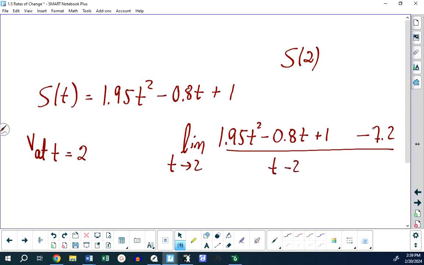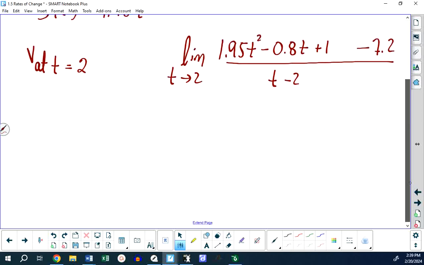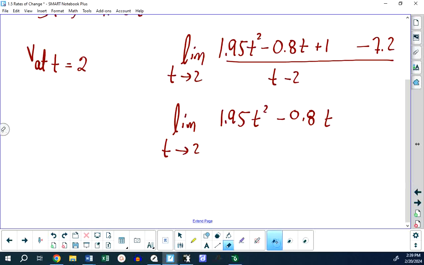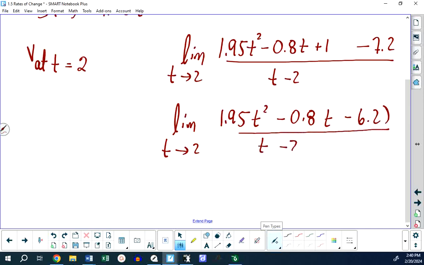And we can condense this 1 minus 7.2 and write it as negative 6.2. You with me?